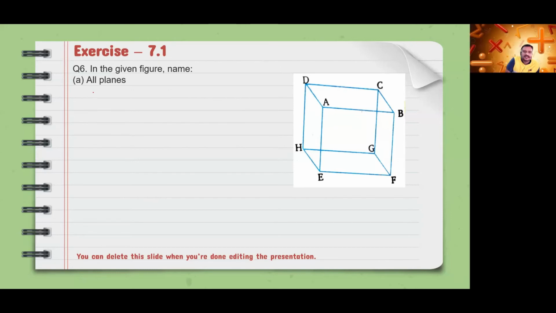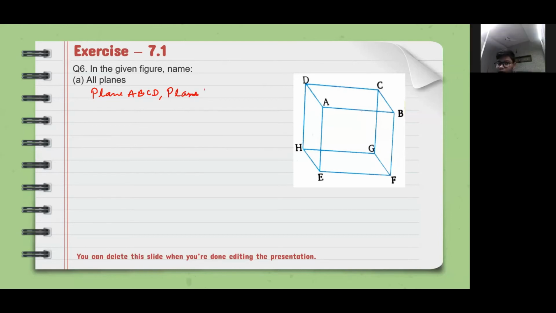Okay, plane ABCD. Next, plane AEHD. Sir, it is a vertical plane. Yes, AEHD. It is also a plane. Correct. Next.